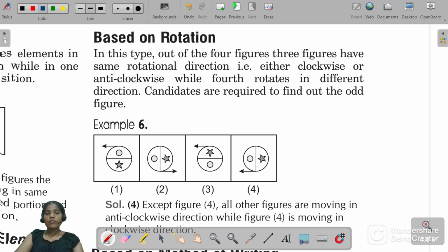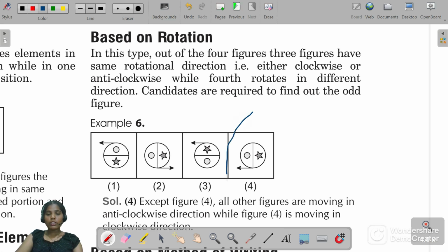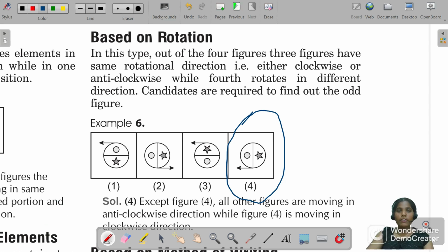In this, the first option is moving in an anti-clockwise direction, and the second option also is moving anti-clockwise, and the third option is the same, anti-clockwise. Whereas the fourth option is moving in a clockwise direction. So from this we can get to know that option 4 is the odd element among all the four. So this can be the perfect example for based on rotation.